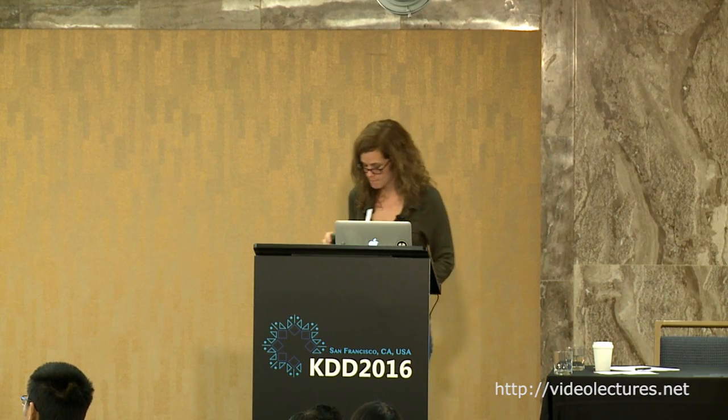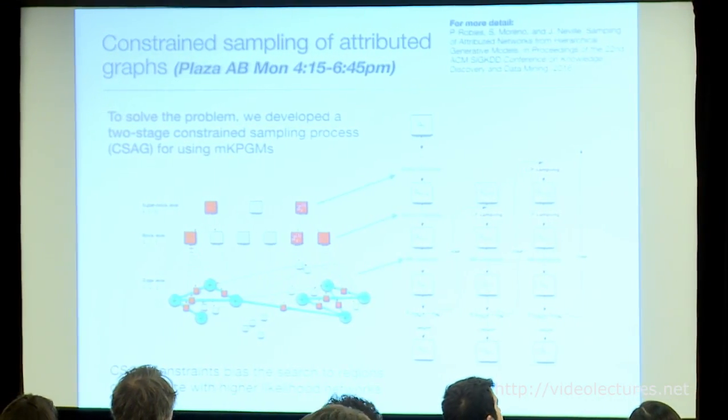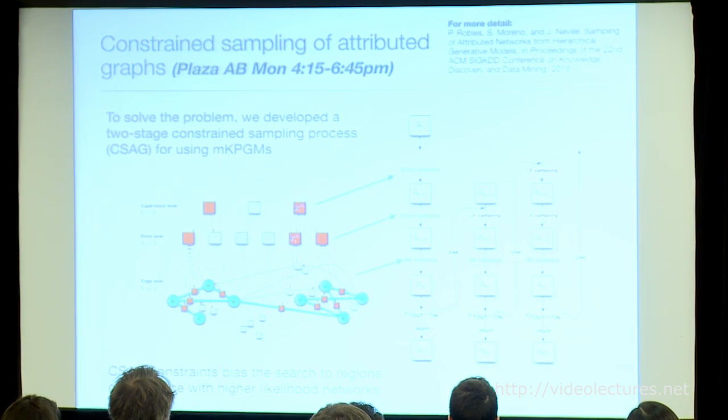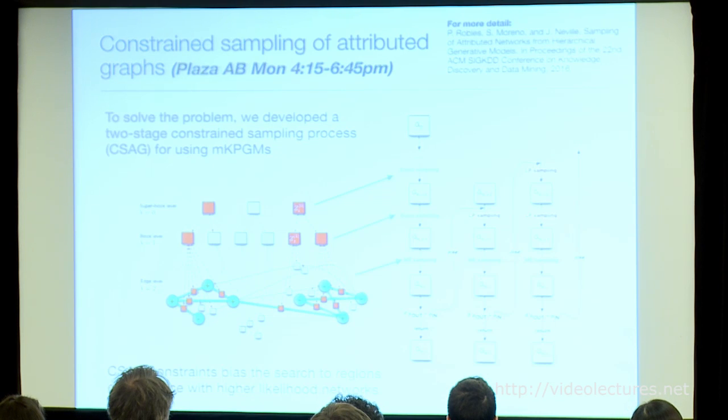But I won't go into the details here, and I will point you to my student Pablo, who's here somewhere, yeah, back there behind the column. His new solution, which he will be talking about tomorrow in this room in the social network setting, uses constrained sampling of attributed graphs to solve this problem.